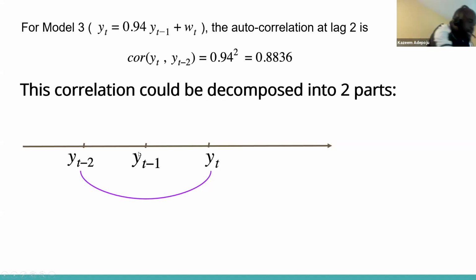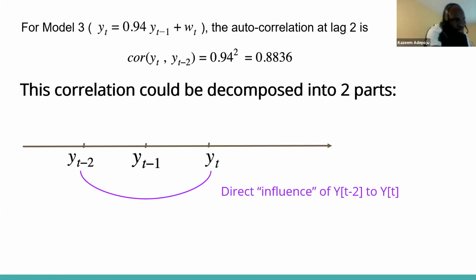What we are talking about here is the direct influence of YT minus 2 on YT. What is the direct influence of what I made on Monday on what I'm going to make on Wednesday?